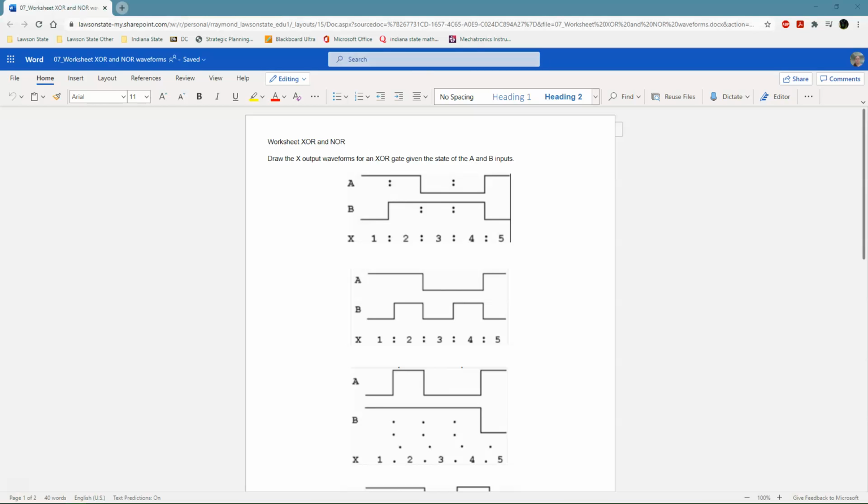So the only time the signal is going to drop is when both of these go high. Does that make sense to everybody?